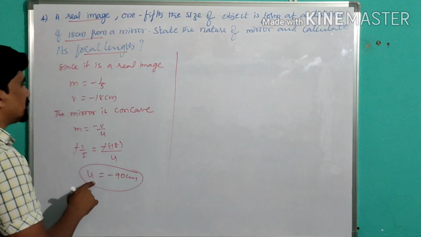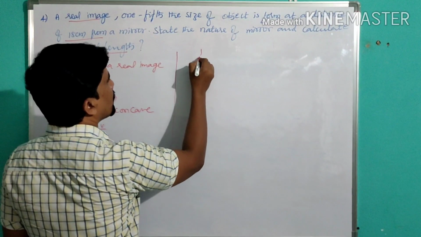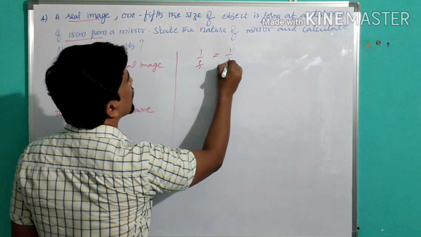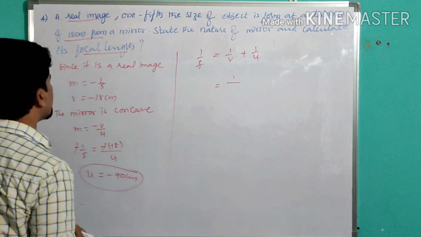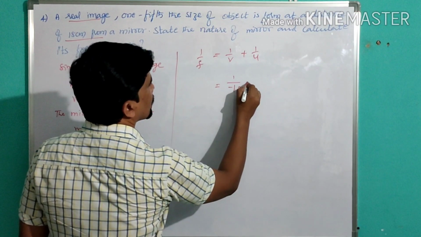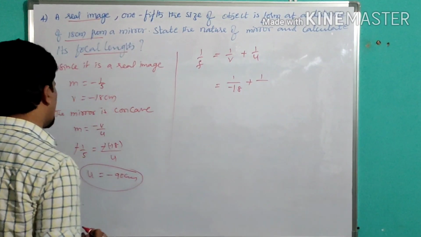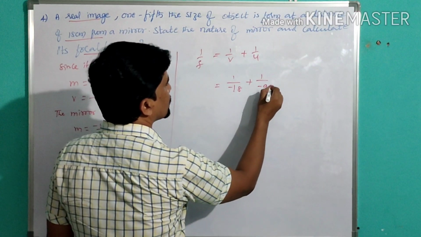Now by using u and v, find the f value. 1 by f equals 1 by v plus 1 by u. 1 by v value minus 18 plus 1 by u value minus 90.